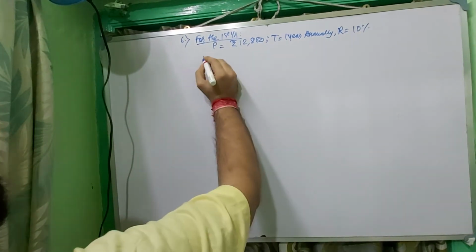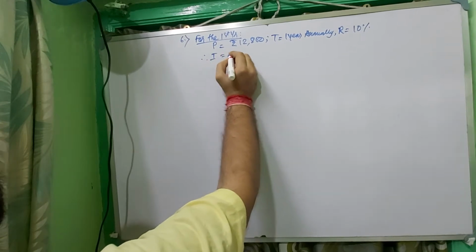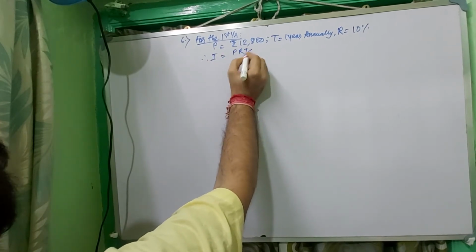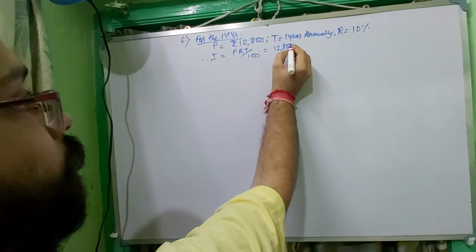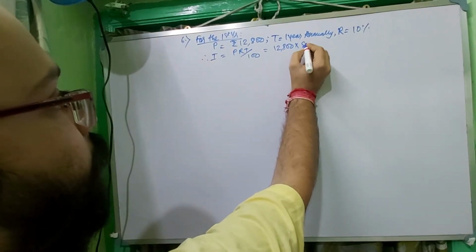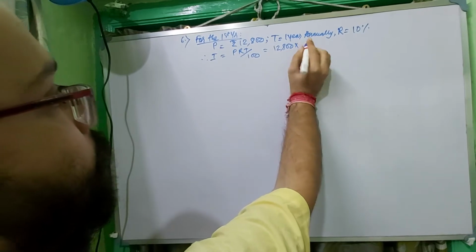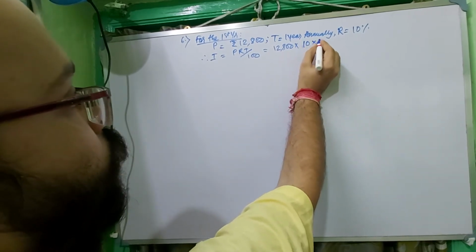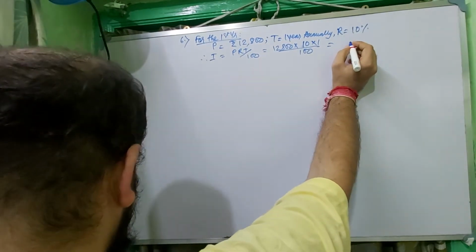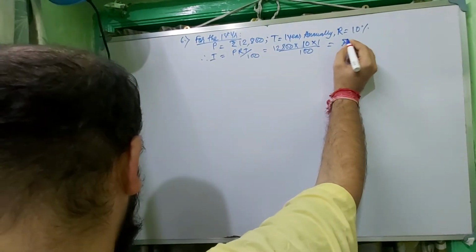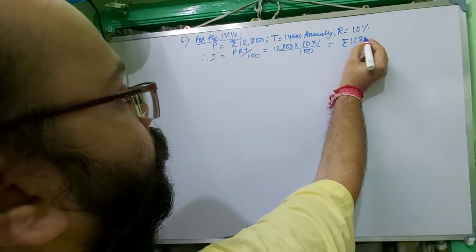So I is equal to PRT by 100, 12,800 into 10 into 1 by 100. We got 1280.